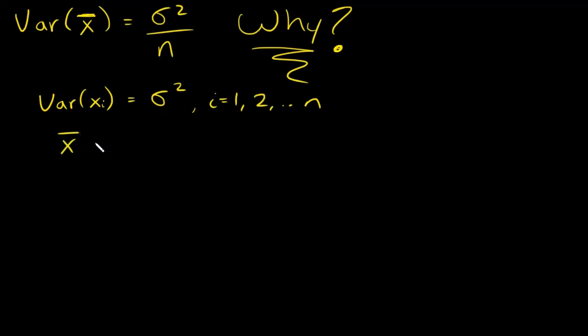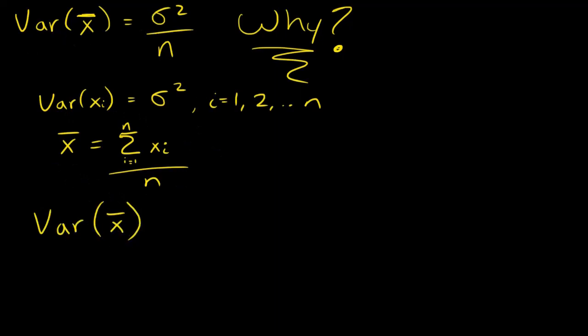Also, what is x bar? X bar is the sample mean, which is the sum of xi from i equals 1 to n, divided by n. So this is what x bar is. Basically, what I want to find is the variance of x bar, and then I will show that it is what you see here.